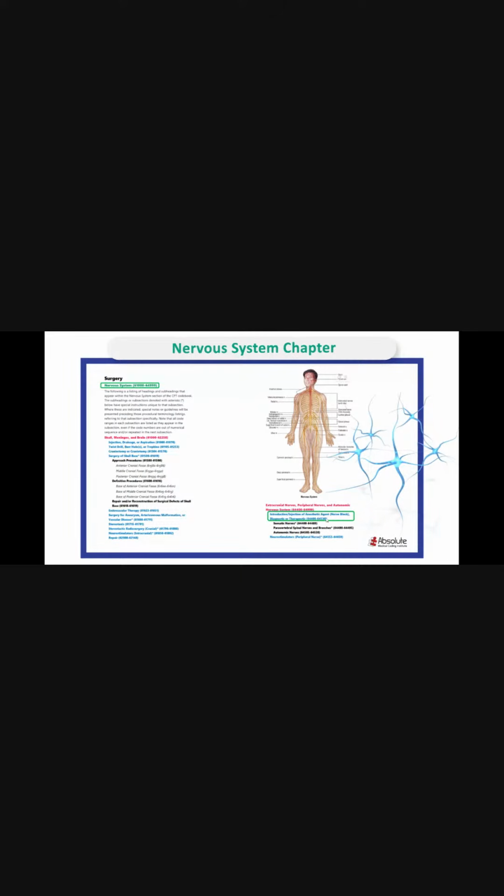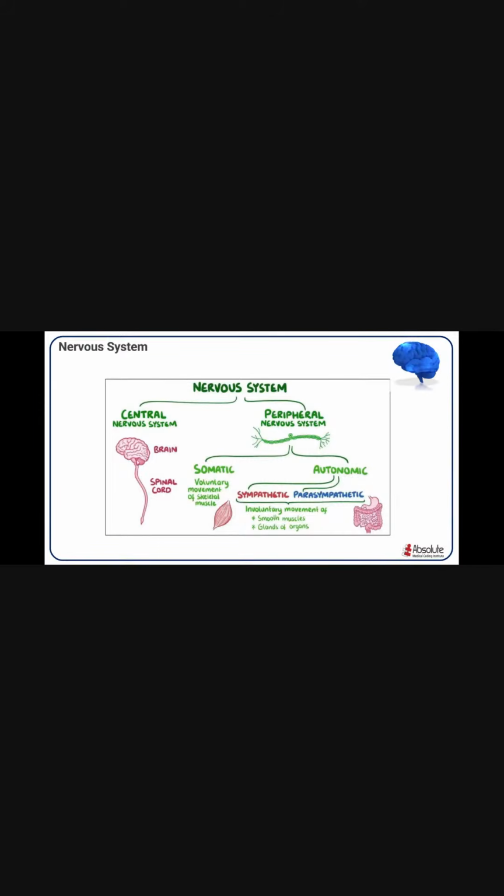Under that, you will have a subsection for introduction, injection of anesthetic agent, that is your nerve block, diagnostic or therapeutic. The code series ranges from 64400 to 64530. Today we will be reviewing those injection procedures on the somatic nerve, paravertebral, spinal nerves, and branches, as well as autonomic nerves.